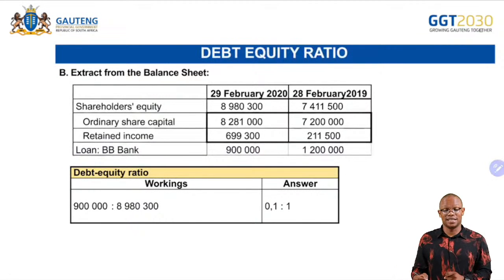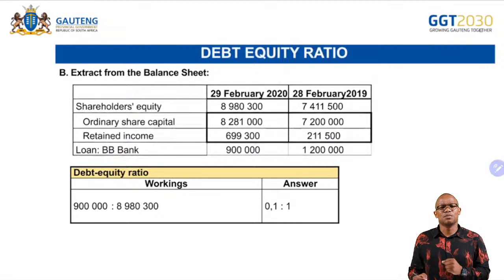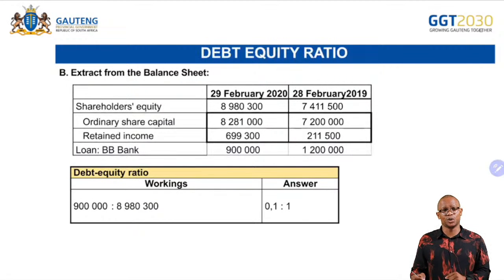Financial indicators: before you enter an examination room, don't memorize the formulas. Make sure you know them. Even though the formula sheet is given to you, you must master the formulas.